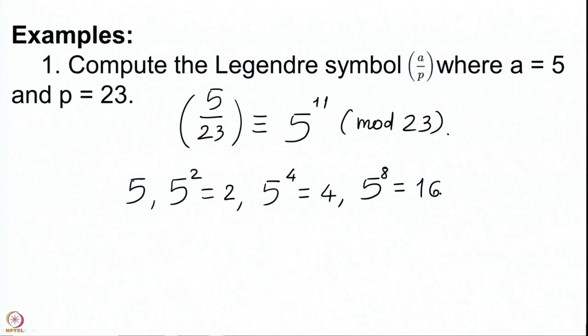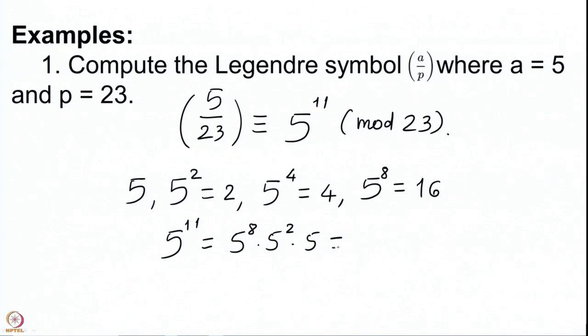So this is 16, and therefore 5 power 11 for us is 5 power 8 into 5 square into 5. So this is 16 into 2 into 5. 16 into 2 is 32, which modulo 23 is 9.